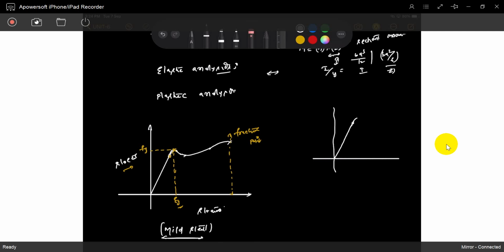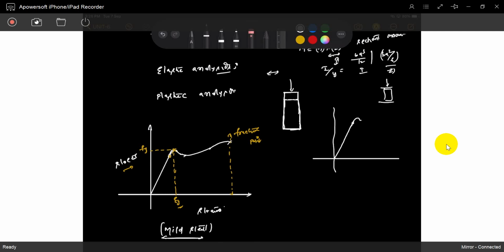If you apply a load up to the yield point, reaching the yield stress, and then release it, what happens? The material shrinks like this, it gives strain. If you release it, you get the same shape again, up to the elastic limit only.